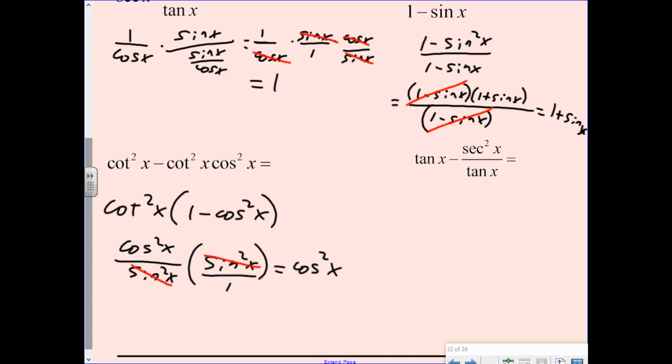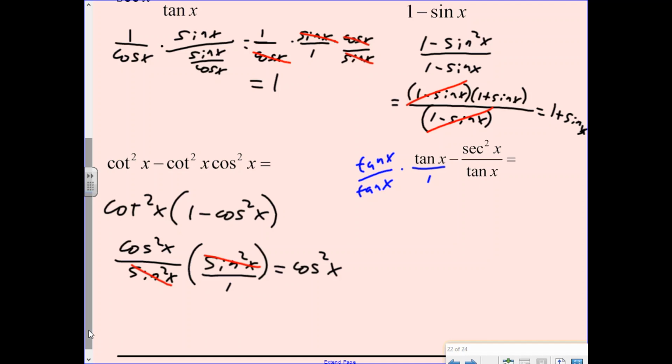And then the last one's kind of a doozy. A couple ways you can go about this one too. Let's see, which way is the shorter way? I'll do the shorter way. The first thing I'm going to do is combine the fractions. To combine the fractions, I need a common denominator. So I'll multiply this by tangent x over tangent x.